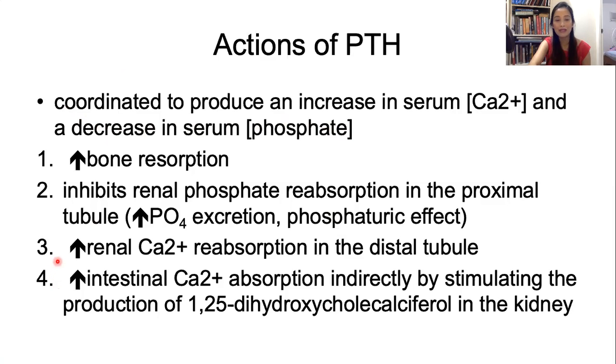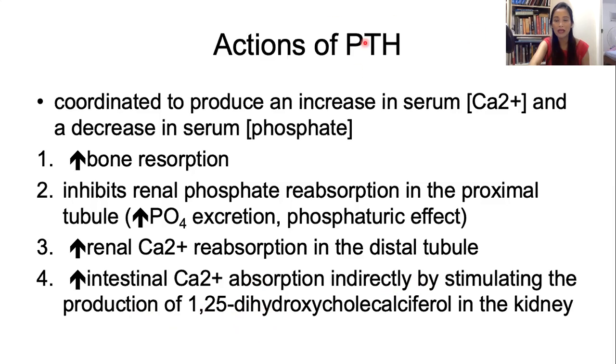Next, PTH also results in an increase in renal calcium reabsorption in the distal tubule and increased intestinal calcium absorption indirectly, by stimulating the activation of your vitamin D, or your 1,25-dihydroxycholecalciferol, in the kidney.